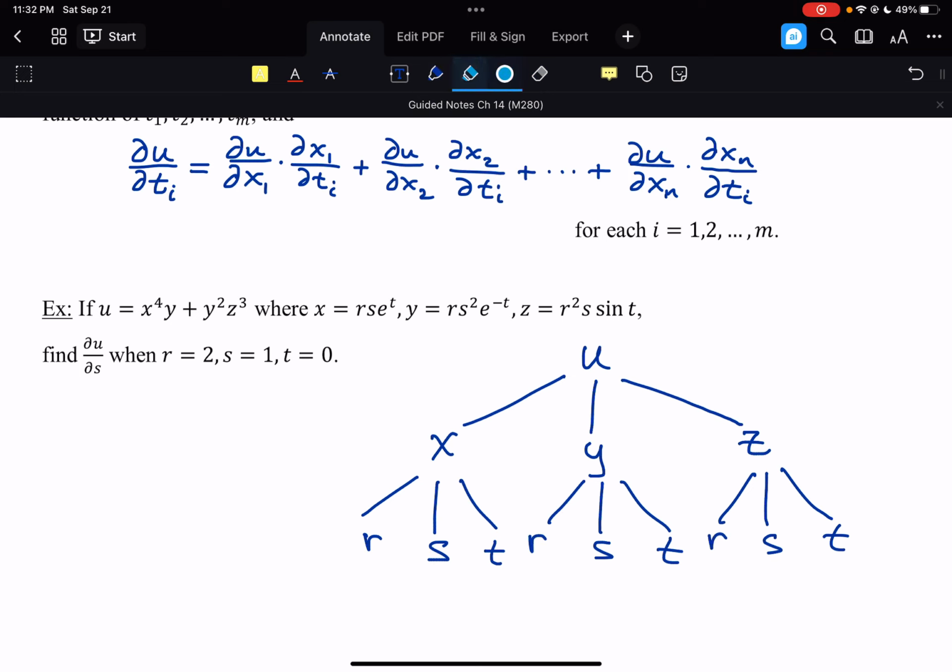So now we're going to find the partial of u with respect to s. So we're going to follow the paths here till we get to the s's. And we can put the partial derivatives that go along with this.